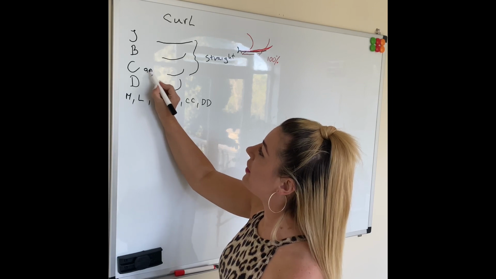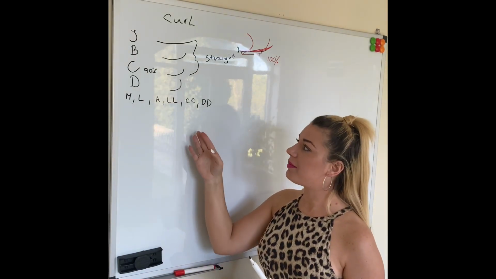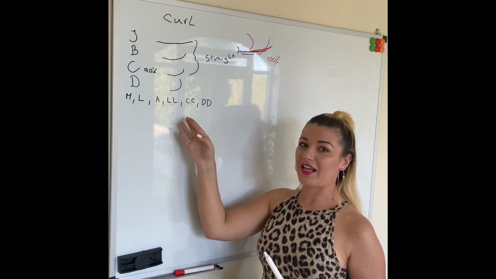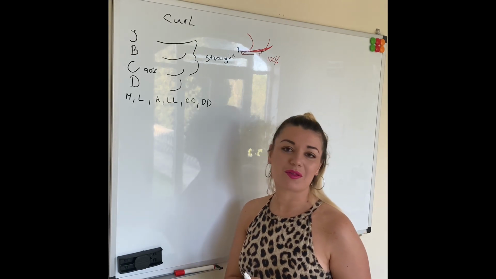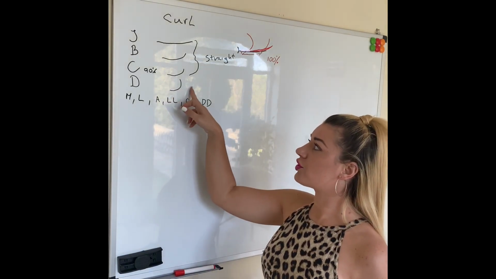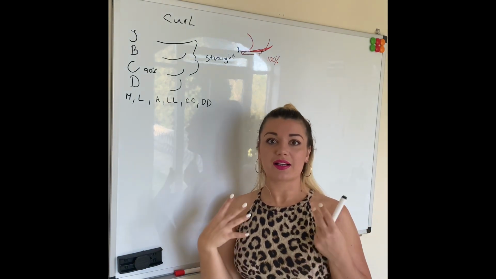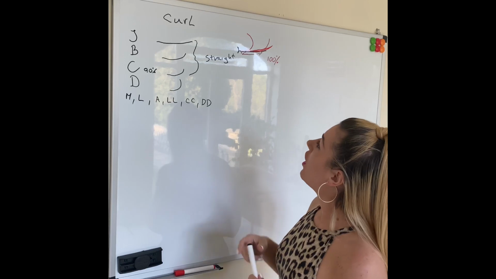Around 90% of the people would choose the C curl, although many people are choosing CCs. I've seen many M's at the moment. It's really popular. D, I would choose for someone who's got naturally curly lashes. Okay, so I would choose D.